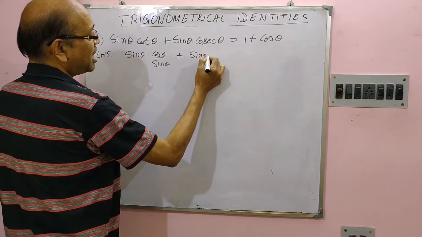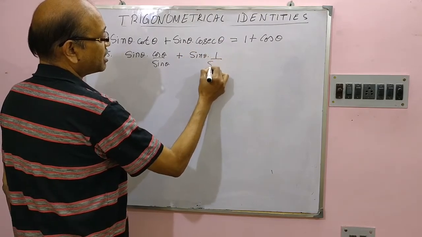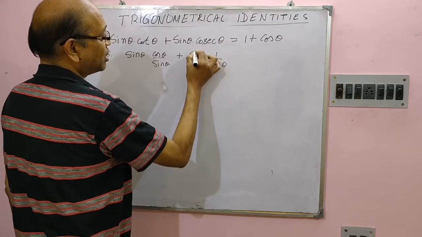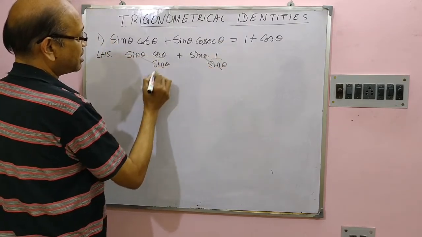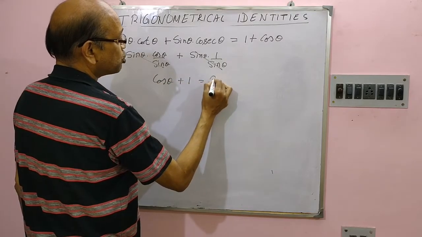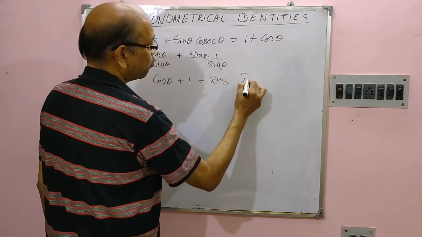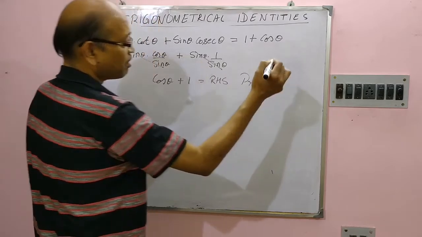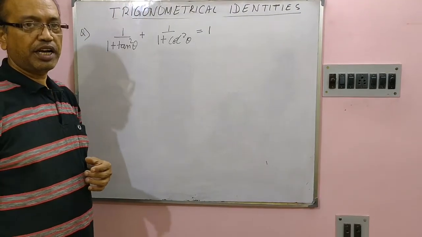Sine theta, and cosec theta can be written as 1 by sine theta. This gets cut, this gets cut. What we have here is cos theta plus 1, which is equal to RHS. Proved. Is it clear?